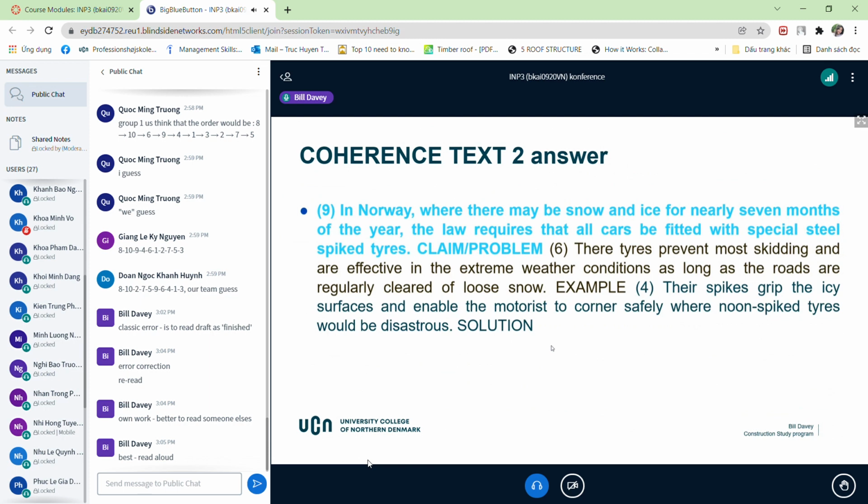We have a claim problem, and that turns out to be sentence number 9. And then we have an example so that the reader can better understand what the first sentence was about. And the example is also a bit of a problem. So the next sentence provides us with a solution.